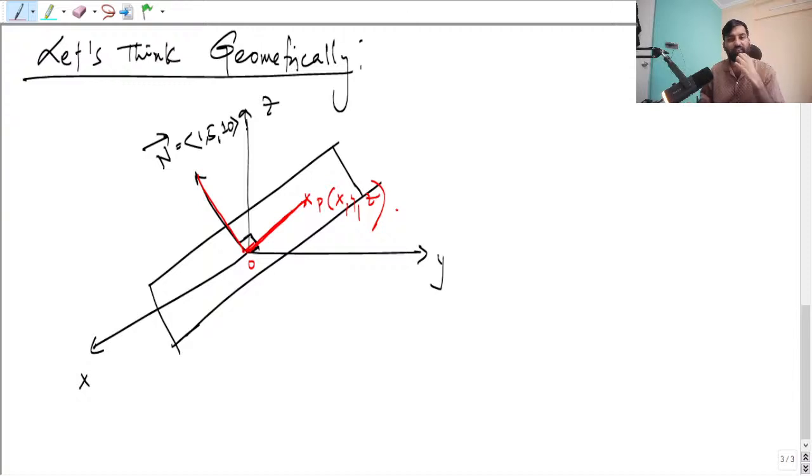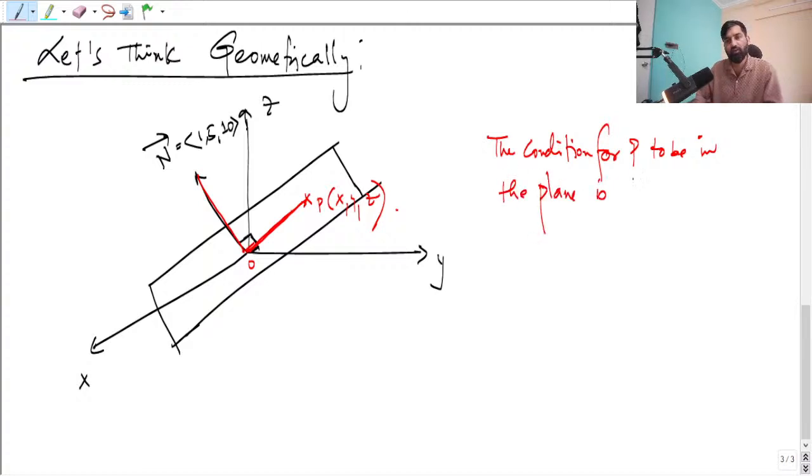What is the condition for P to be in the plane? Can you tell me? What is the condition that this P is in this plane?